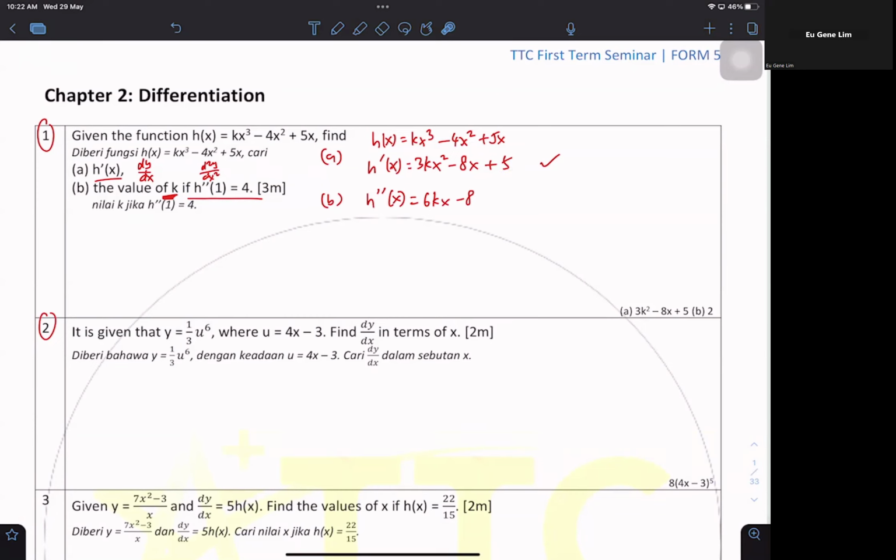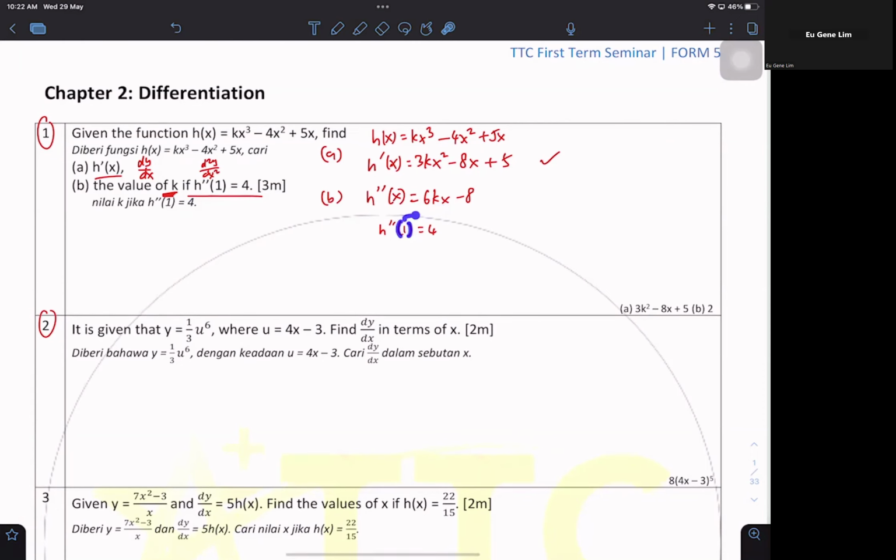Now the question says h prime prime 1 equals 4. What does that mean? It means you take this bracket 1 and sub into the x. So it becomes 6k(1) minus 8 equals 4.